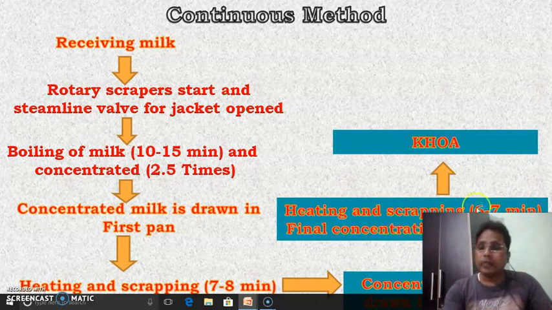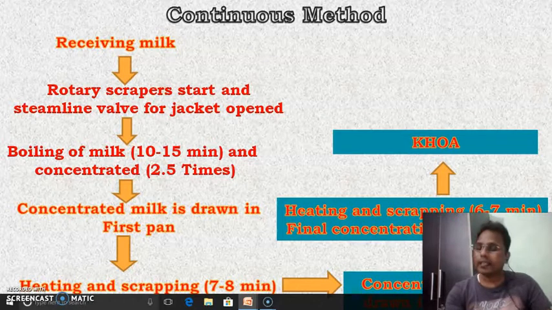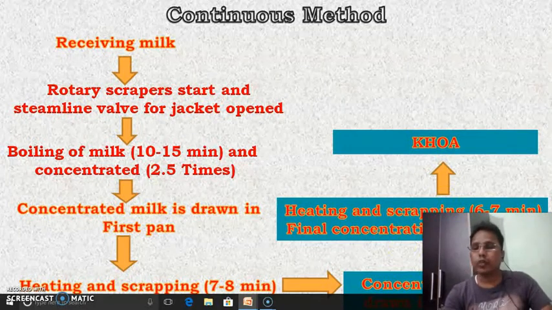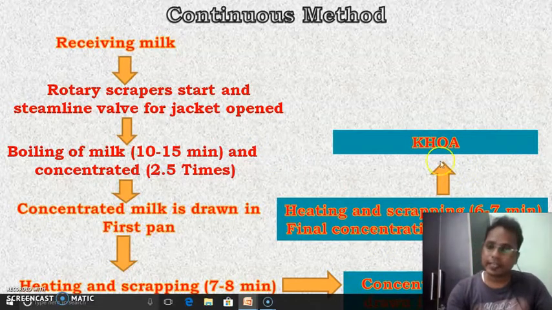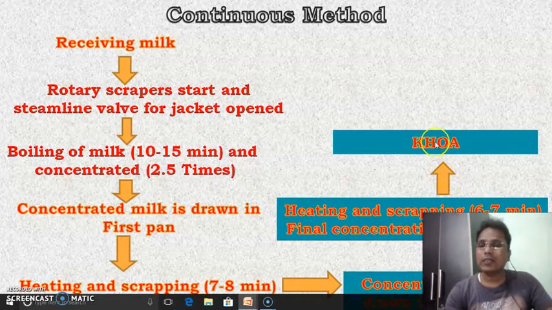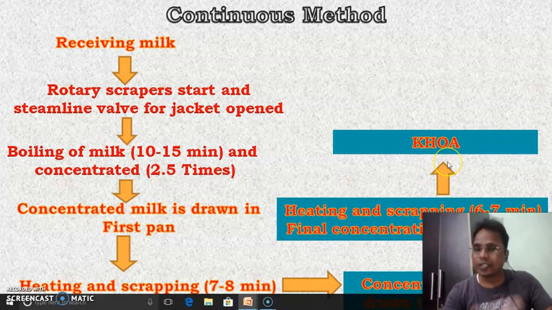When this concentration is attained, the heating is stopped, and the Khoa is removed from the valve. The valve is opened, and the Khoa is taken outside the second pan. This is the third method of continuous Khoa production.